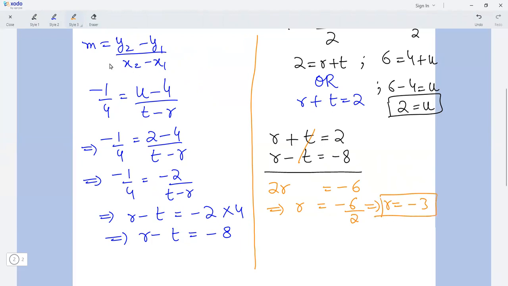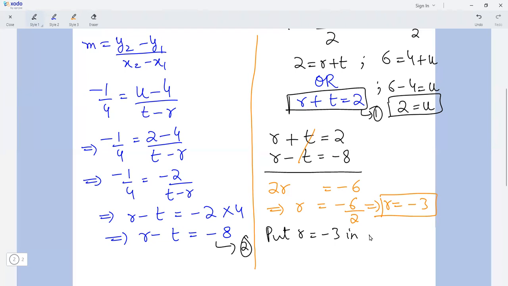So we can replace the value of r into either of the two equations and we will get the answer for t. I'm replacing it in the first equation; we can put it in the second equation as well.